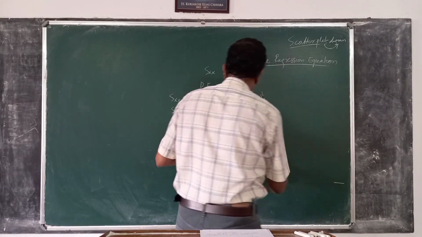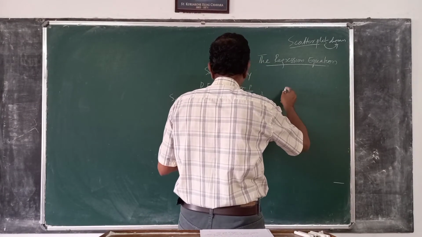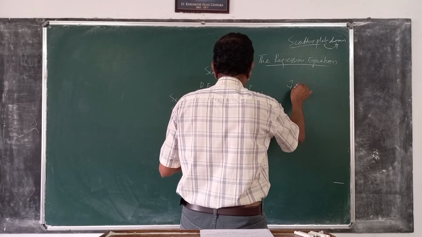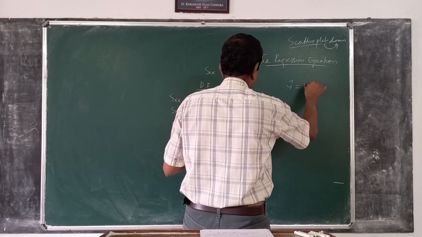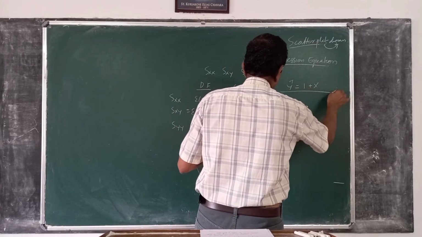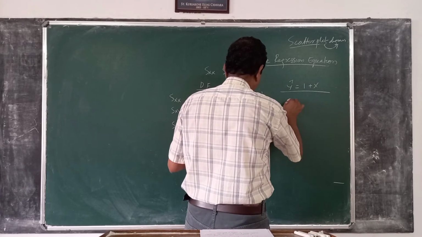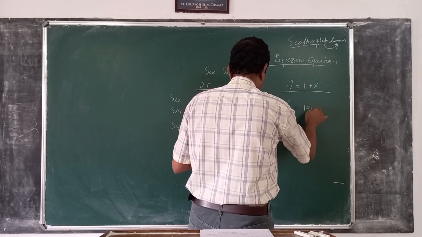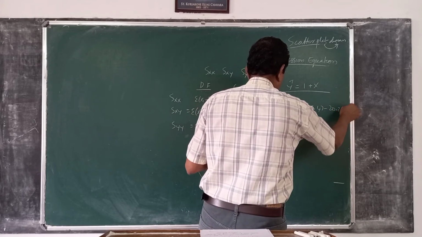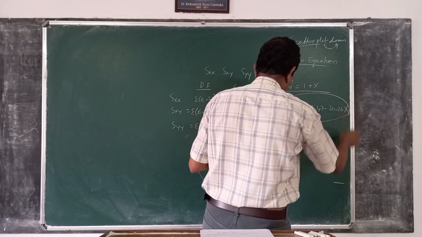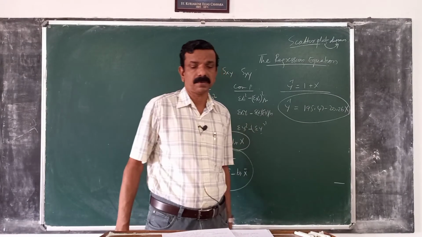Now, in the simple example given, we have the regression equation y hat is equal to 1 plus x. In the case of the price of cars, you have y hat is equal to 195.47 minus 2.26x. This is the regression equation for the example of the cars, which we will see using the software.